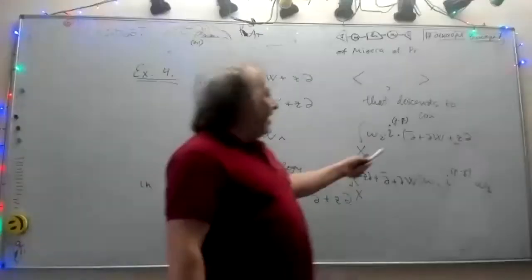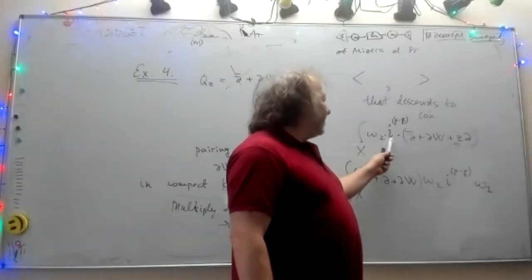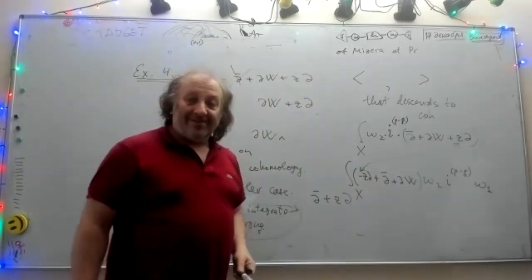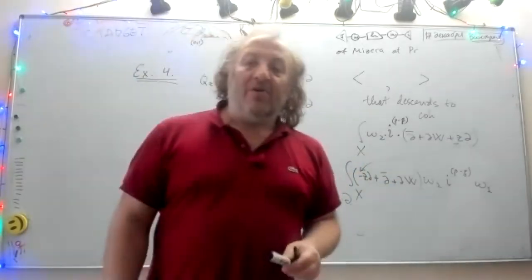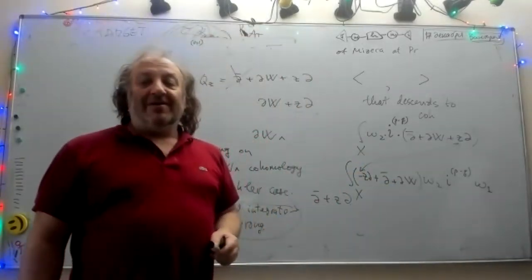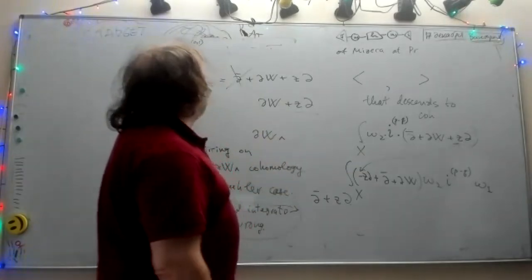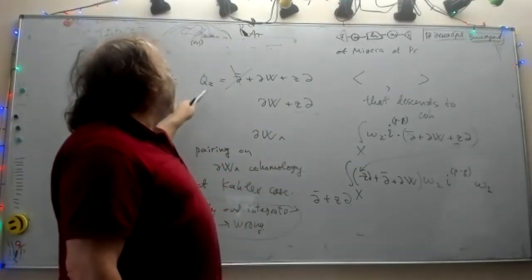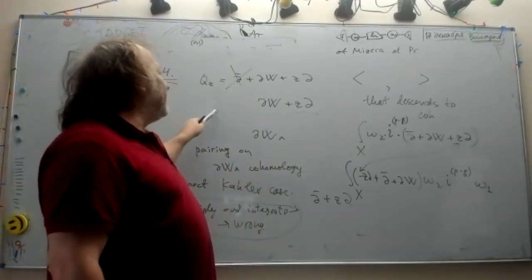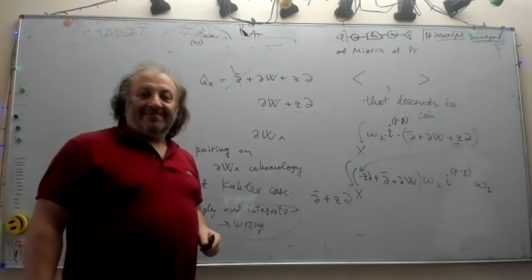So actually, this pairing would be a pairing between cohomologies with index z and cohomologies with minus z. Okay?